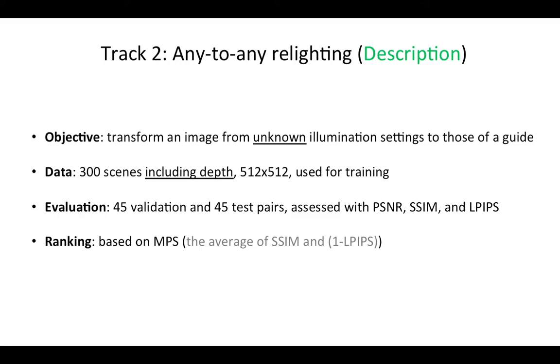Each image has 512 by 512 resolution. We use 45 pairs of images for validation and another 45 pairs of images for testing. All the results are assessed by Pearson-R, SSIM, and LPIPS, and the final ranking is also based on the MPS.